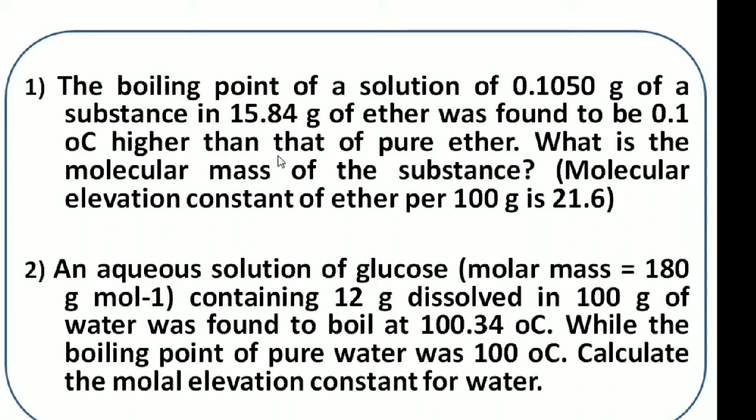So students, in the given problem, the substance, that is the non-volatile solute, has a mass of 0.1050 grams, and the solvent is ether. The mass of the ether is given as 15.84 grams. The elevation in the boiling point is 0.1 degree centigrade.